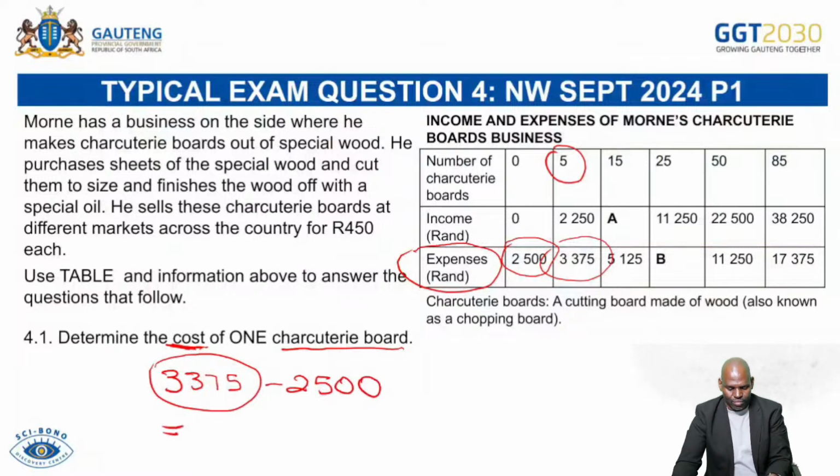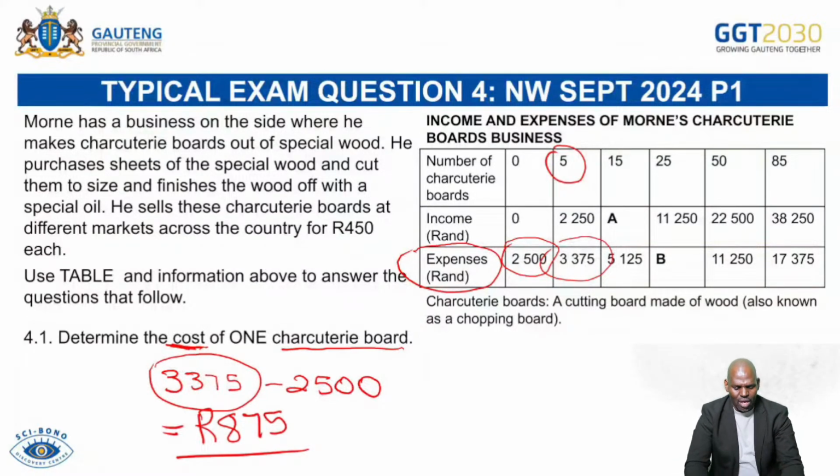Then I get 875 Rand. But this 875 Rand is the cost of only 5 boards.